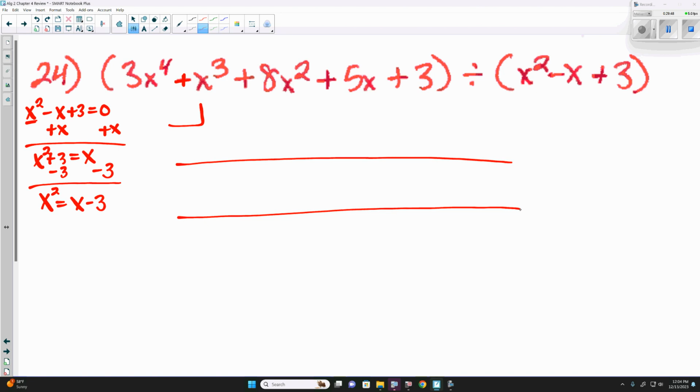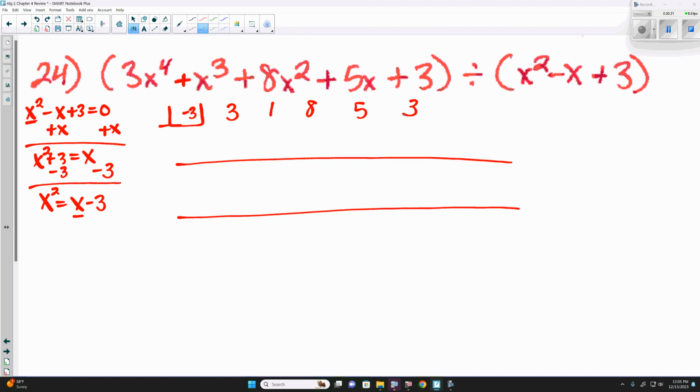Now the next step is to take the constant terms and our coefficients from this and put them in the cubby. Now we know the negative 3 because we're used to using it, but we do take the constant term with x, and it would be 1. So we'd have 1 and negative 3. Now the coefficients for what's being divided, 3, 1, 8, 5, 3, go across the top. And again, if we were missing any terms, we'd have to fill it in with zeros.